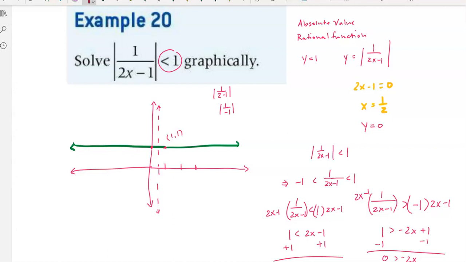So that's the symmetry right there. And it's going to look like this graph, like right here. It's going to look like this. And it's going to look like this.